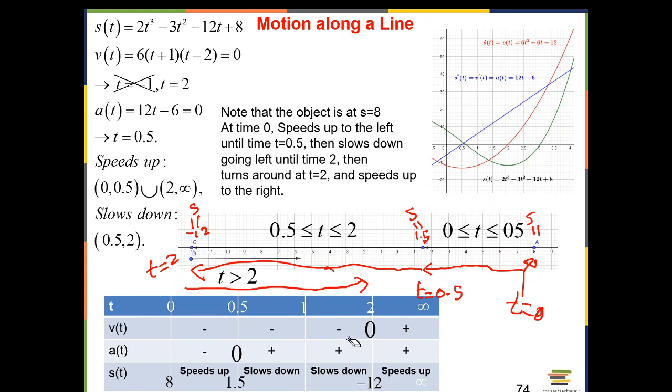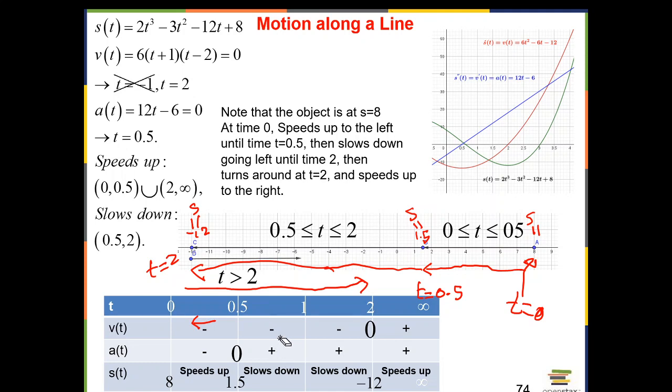Okay, so when is it that this object is speeding up or slowing down? Well, look, here is the speeding up because the velocity and acceleration are in the same direction. Here is the speeding up to the left. What is it doing here?